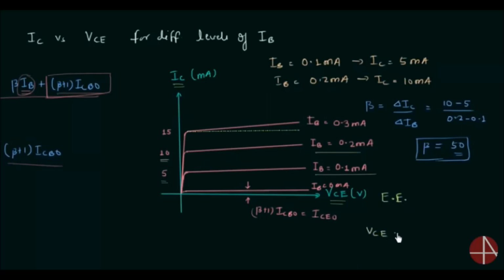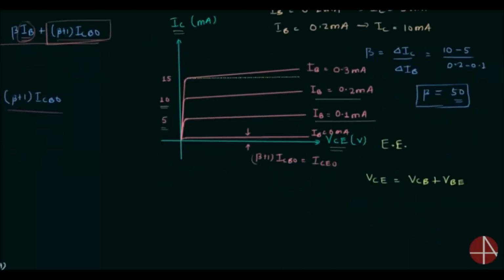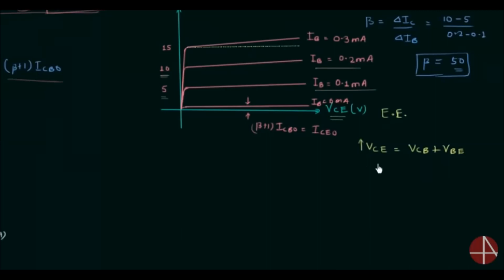We know VCE is equal to VCB plus VBE, and if we increase VCE, VCB will also increase, and when VCB increases, the effective width of the base decreases, and this will decrease the base current, and when base current decreases, the collector current will increase because more electrons emitted by the emitter will now collect at the collector.